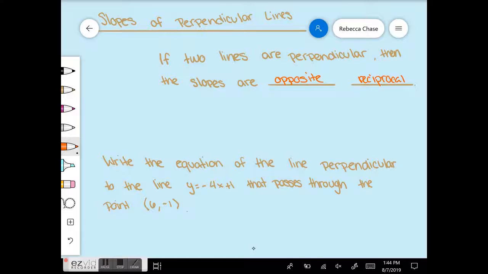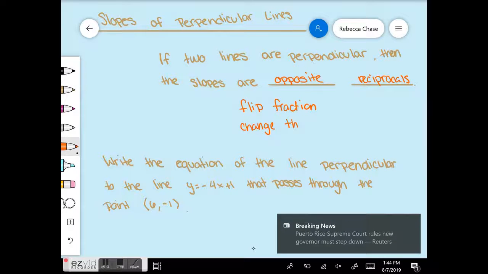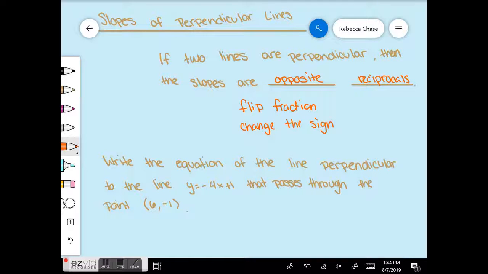Okay, what that means is you're going to flip the fraction, and you're going to change the sign. Okay, so flip the fraction, change the sign.